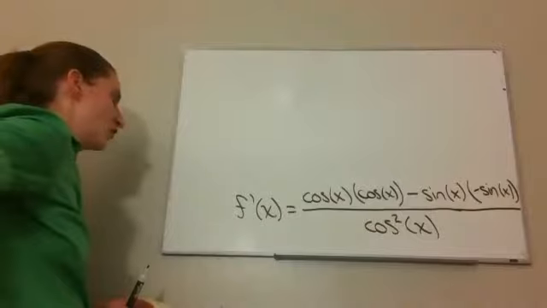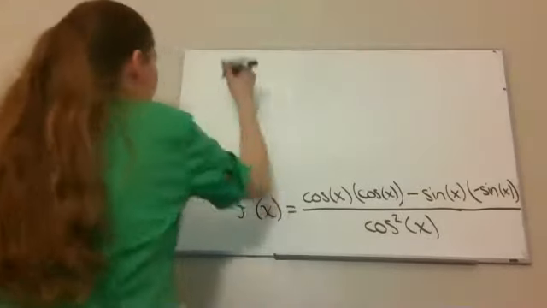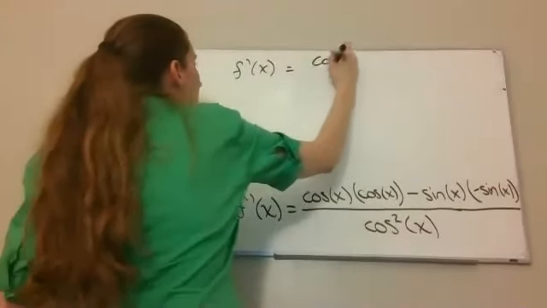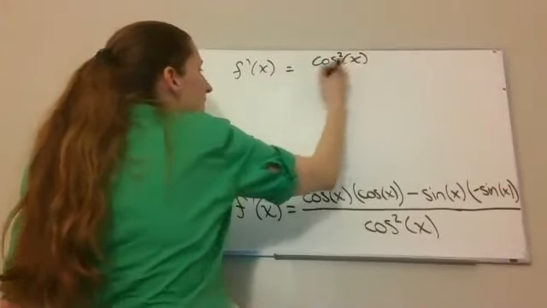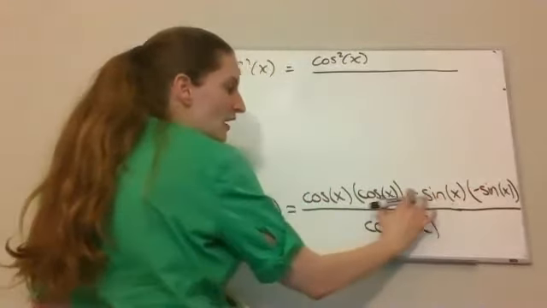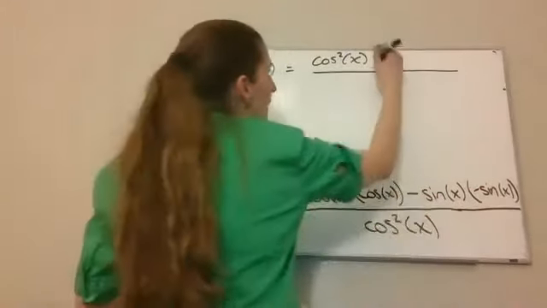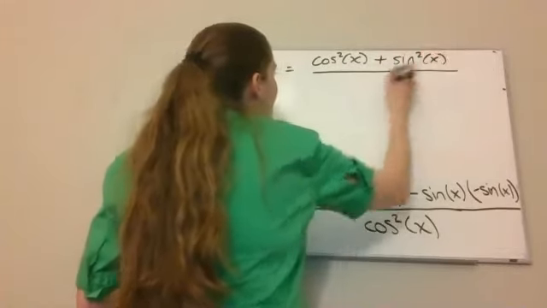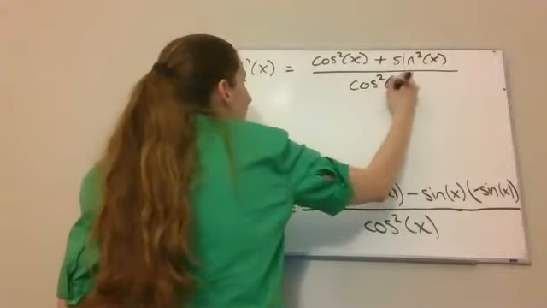So in the numerator, I have cosine times cosine, which is cosine squared. And I have a negative sign times sine, but it's being subtracted. So that makes it positive sine squared, all divided by cosine squared.